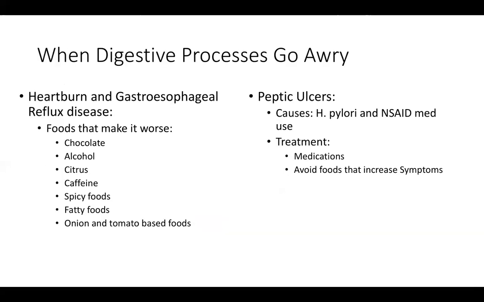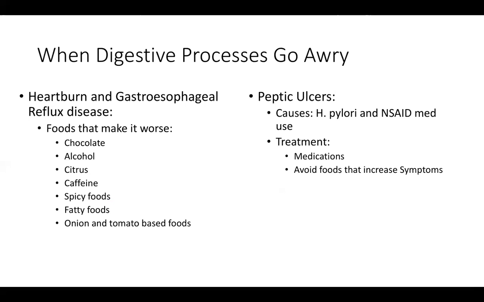What happens when everything we've talked about today doesn't work? There are a gamut of gastrointestinal issues that people can have, and this is, again, just going to be a brief touch on some of them. Heartburn, or gastroesophageal reflux disease, which is called GERD, is where somebody has acid from the stomach that is able to either splash up or leak up or penetrate the esophagus.